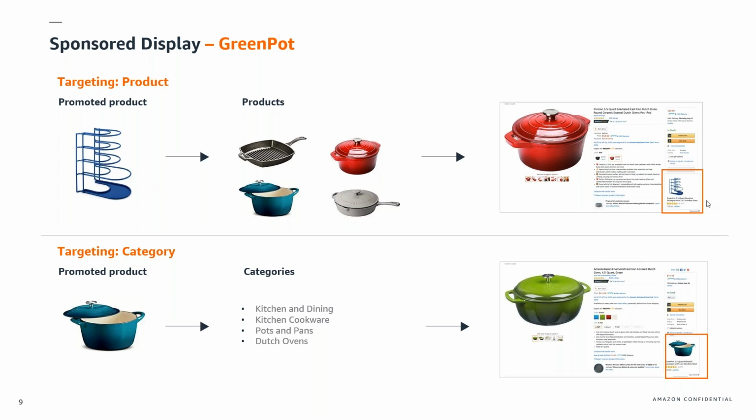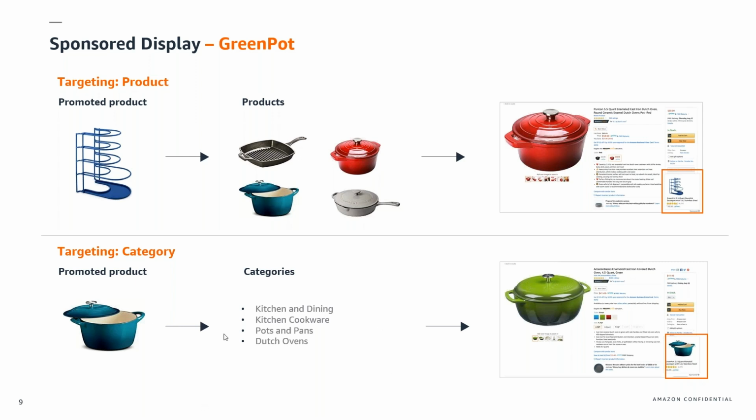I can use the blue shelf rack and target my own red pots to defend my product listing. This is usually a best case that we recommend to mature sellers that have a best-selling ASIN and want to defend it against other brands that might be popping up all around your product listing page.